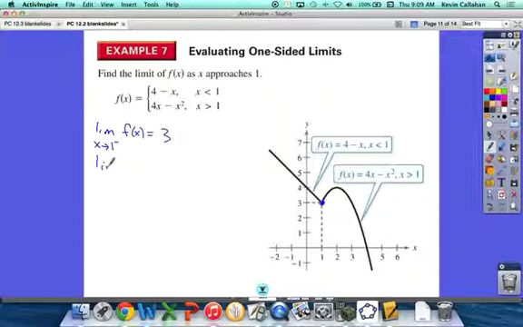The limit as x approaches 1 from the right is 3. And therefore, the limit as x approaches 1 of f of x equals 3. Again, you know that by plugging in the 1 here and here. You can figure out what value it's going to be. I mean, this graph is pretty clear just looking at the graph.